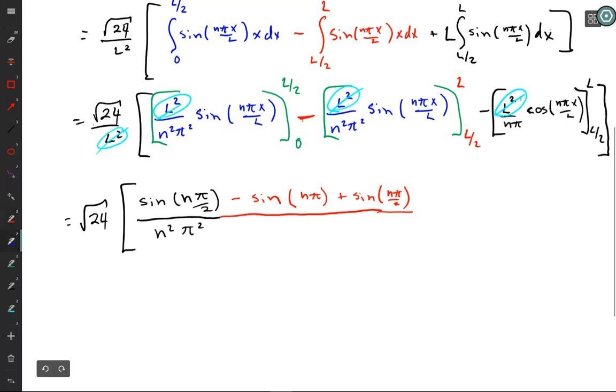That's always going to be 0. And notice I just have 2 of the sine n pi over 2 terms. So that's the first 2 limits there.